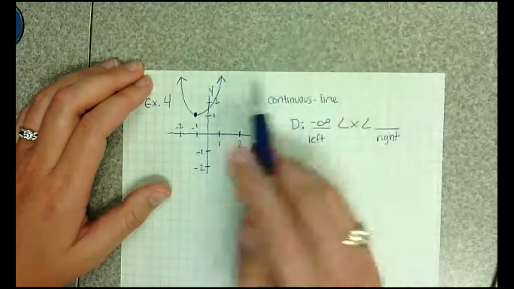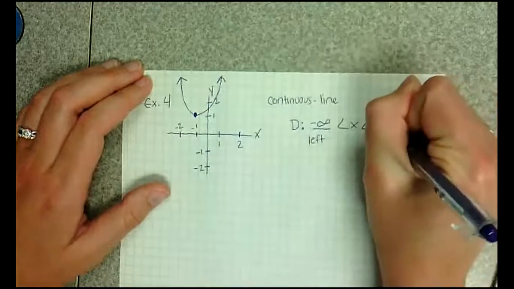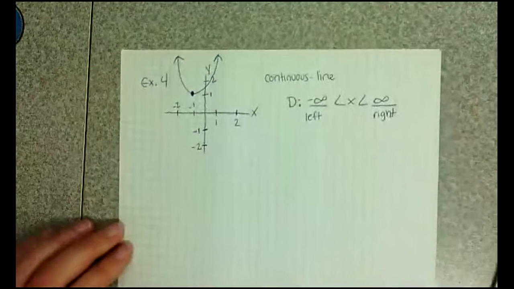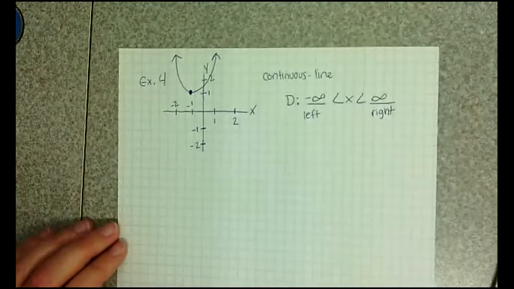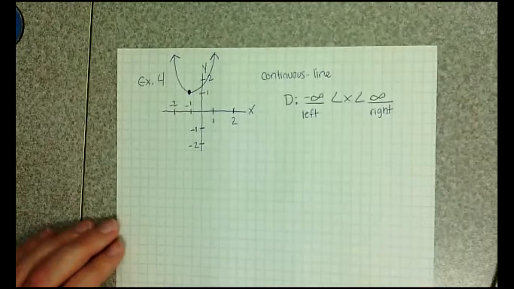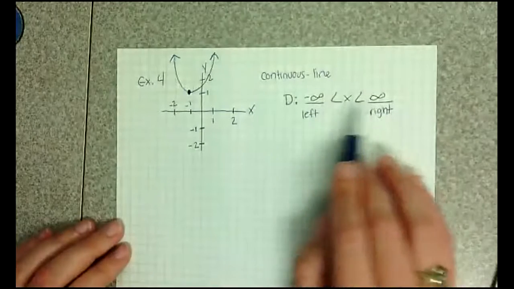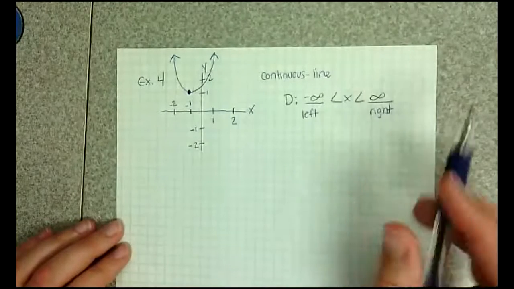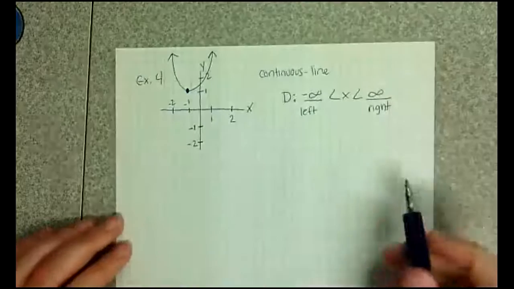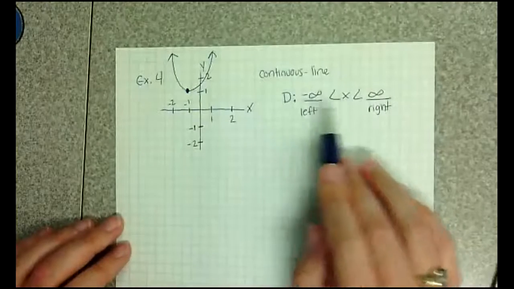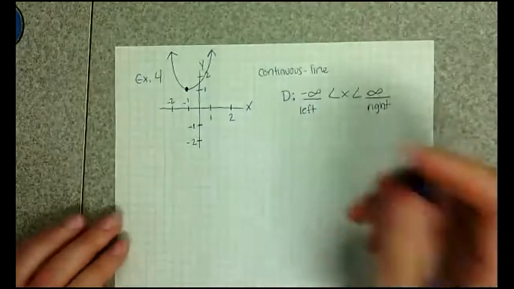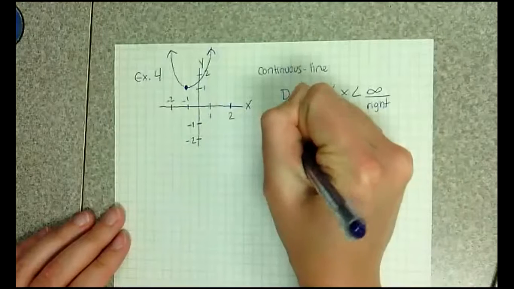Bigger. So this is gonna go to positive infinity. My domain's not gonna look like this though. Oh my gosh, I can't talk to you guys at all today. Domain should look like this because that's what we just wrote down. The range will not look like this.